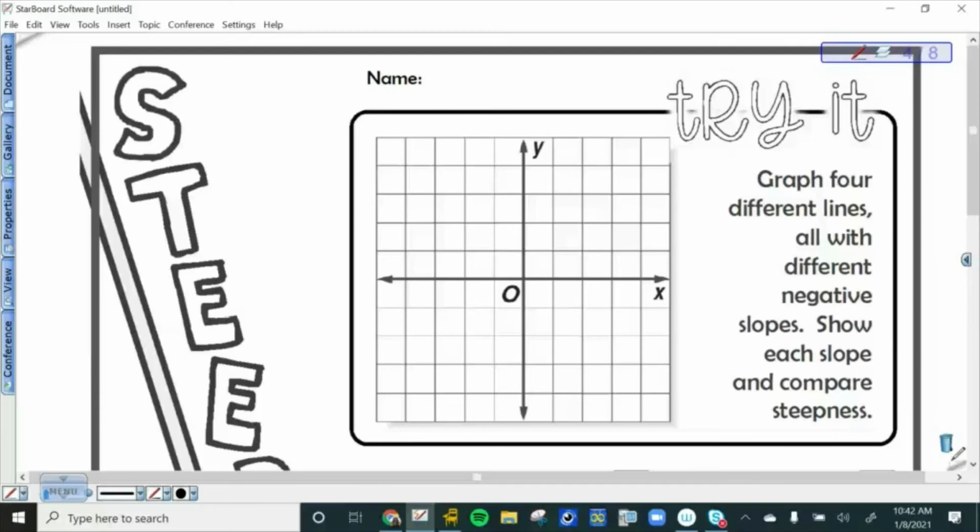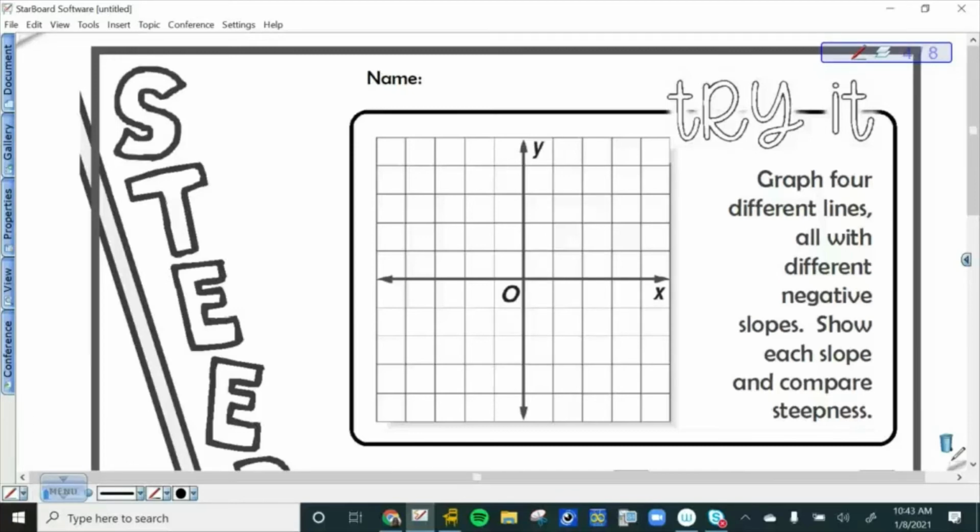It goes down like that, from left to right. So you're drawing 4 lines with a negative slope.